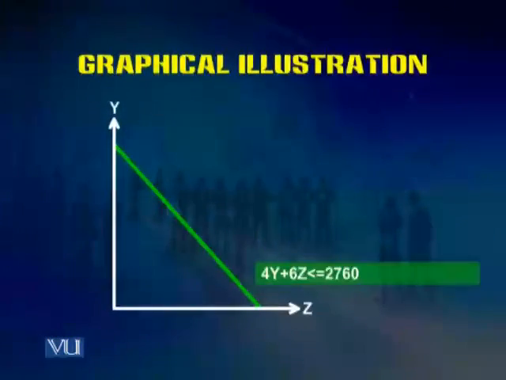The extreme point which this line touches, inside or on the edge of the feasible area, is going to give the optimal solution, the solution which provides the maximum contribution.